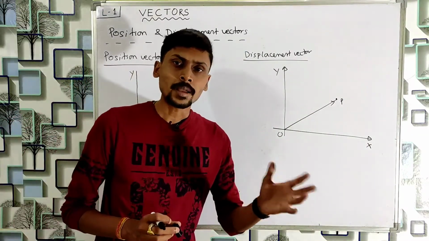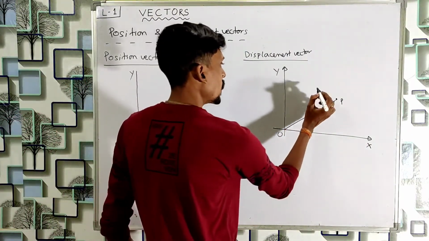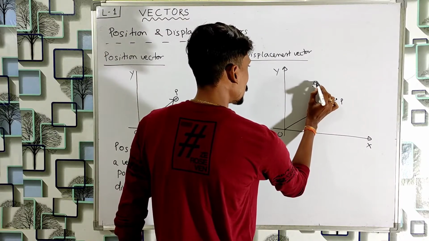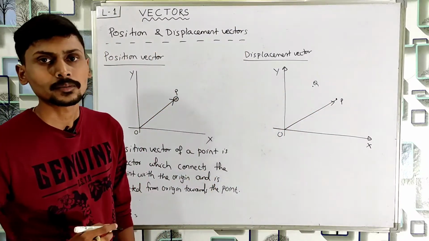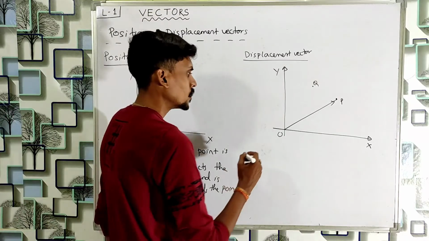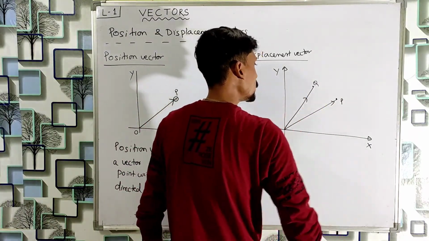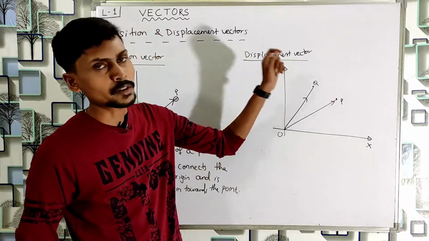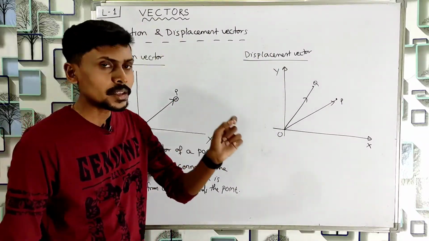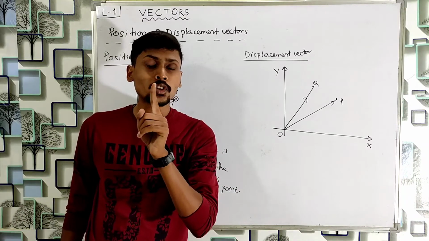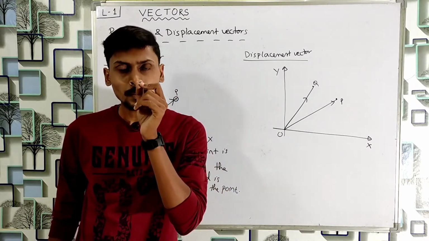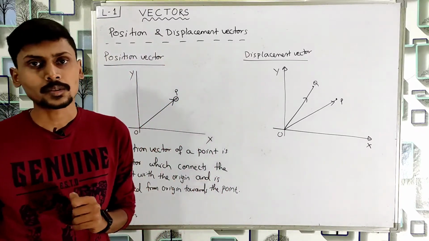Now after some time, the particle will be at a new position Q. Now the position vector will be changed. Now this is the new position vector. And when the position vector of a particle changes, the particle is said to be displaced.